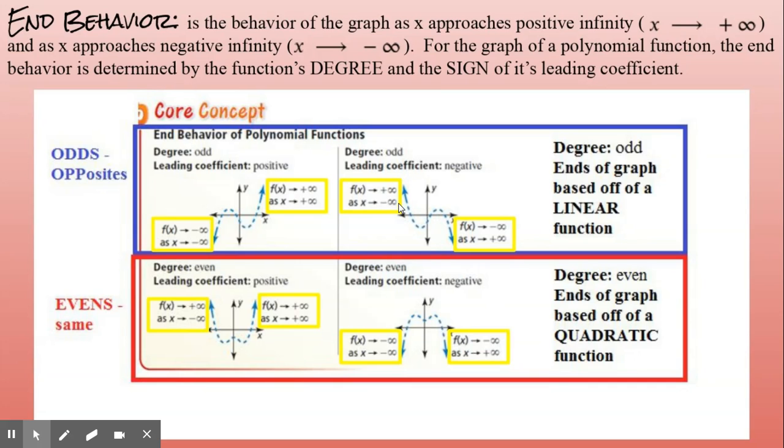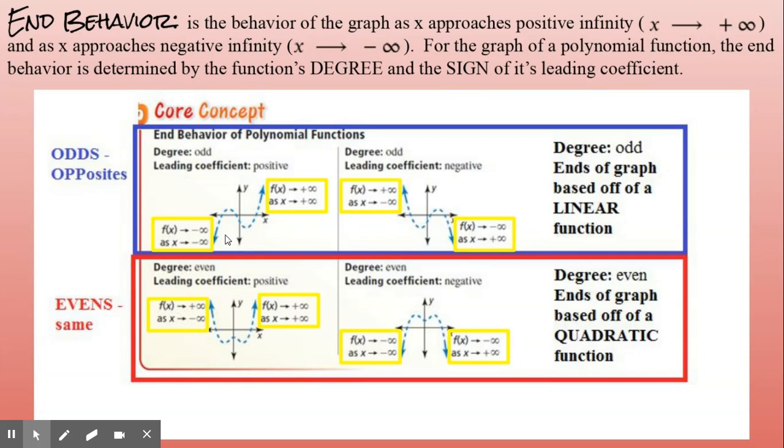So it starts high, it starts up there in the positives. So the f of x is in the positive infinity range as x is approaching negative infinity, as x's are on the left-hand side. And then on the other side, now my graph's pointing downwards on the right. So the function is approaching negative infinity, it's going down, as my x's are on the right-hand side.